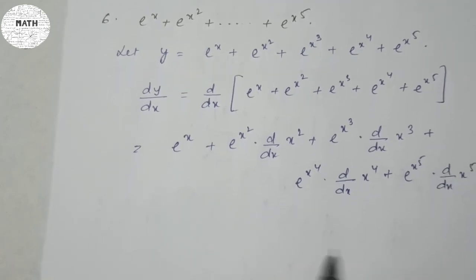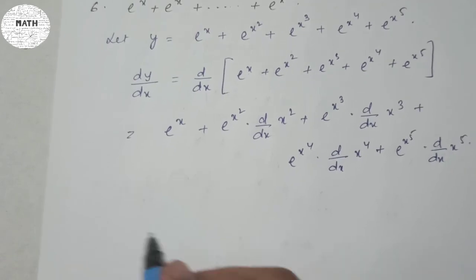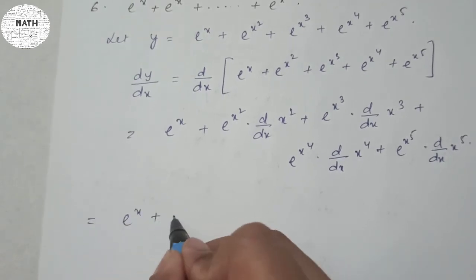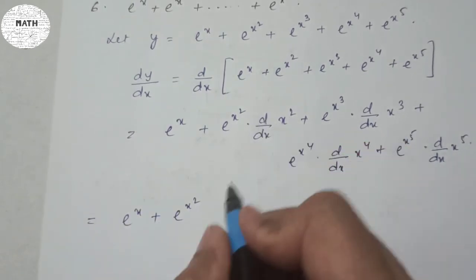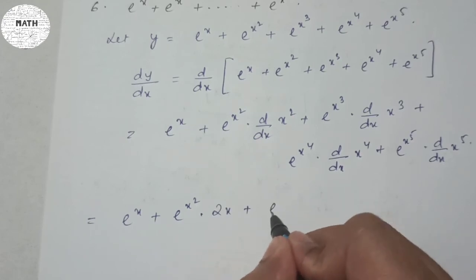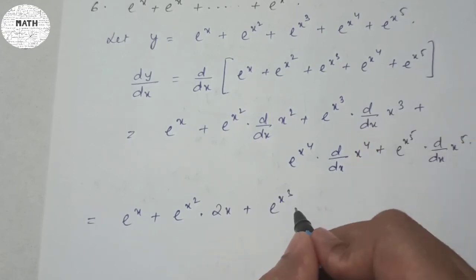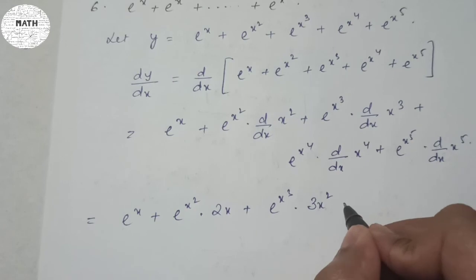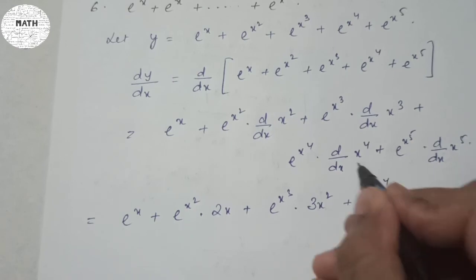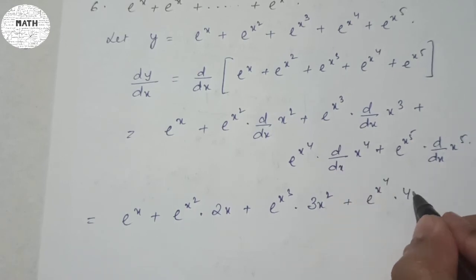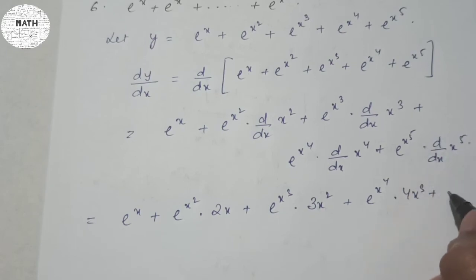I guess you're clear. So the next term would be nothing more than e to the power x plus e to the power x squared. So d by dx of x squared is how much? 2x e to the power x squared. D by dx of x cubed is 3x squared, plus e to the power x to the power 4. So d by dx of x to the power 4 is 4x cubed. Lastly, e to the power x to the power 5. So d by dx of x to the power 5 is how much? 5x to the power 4.